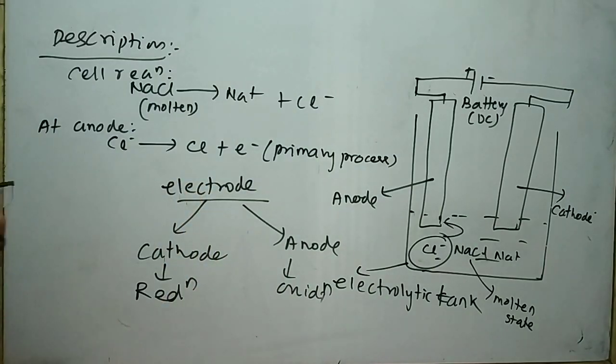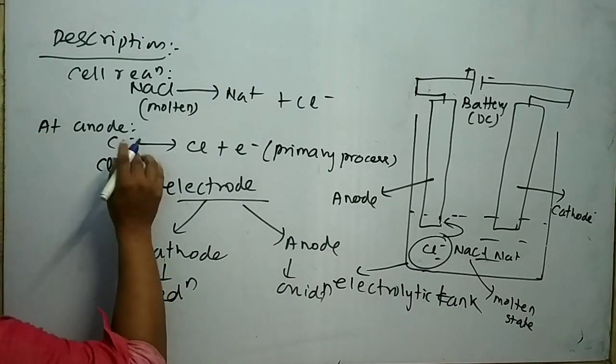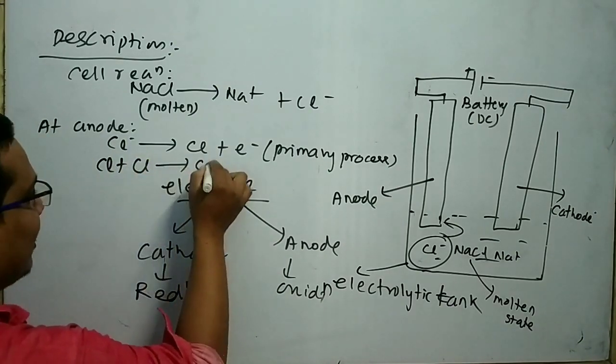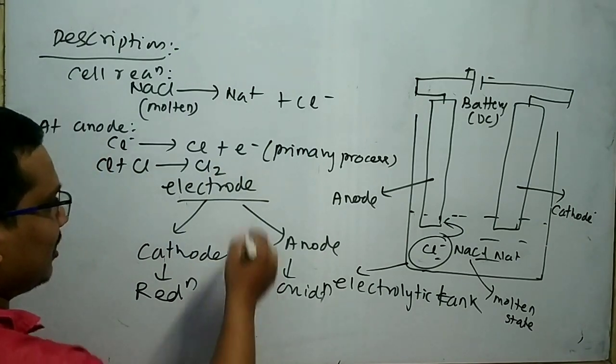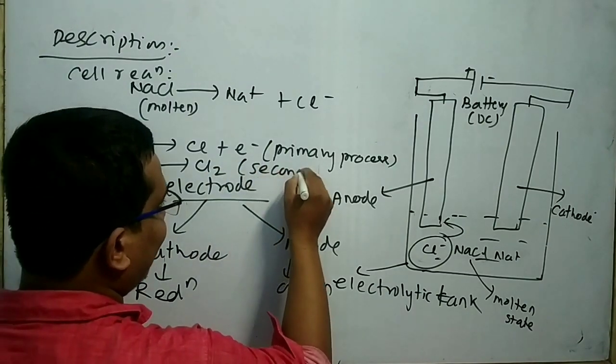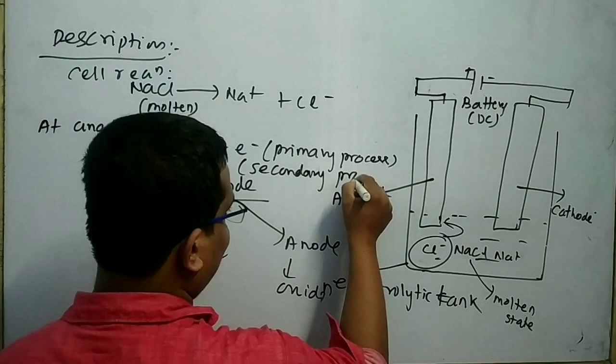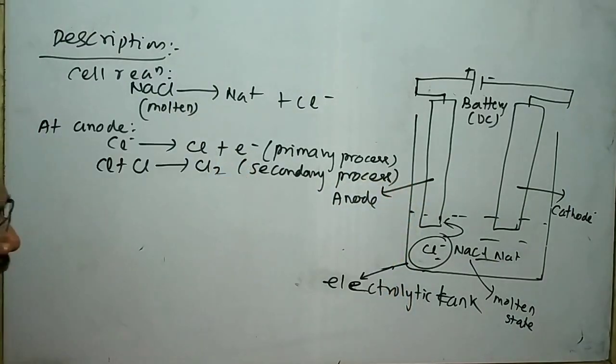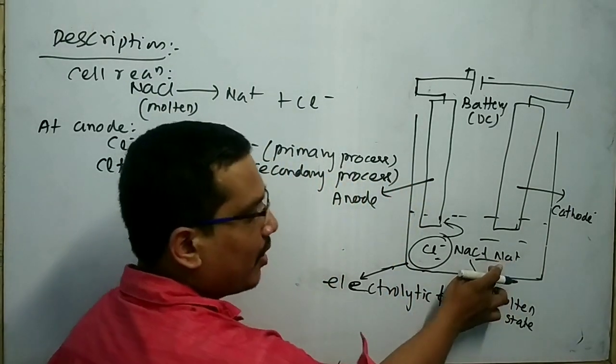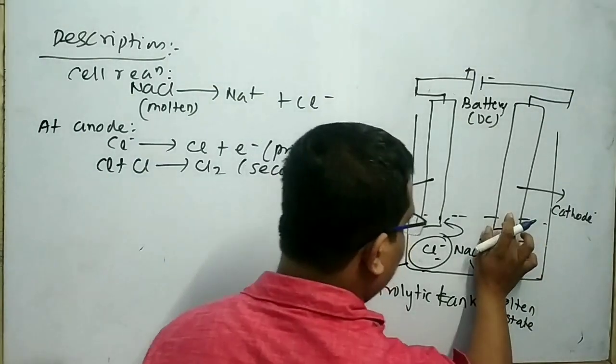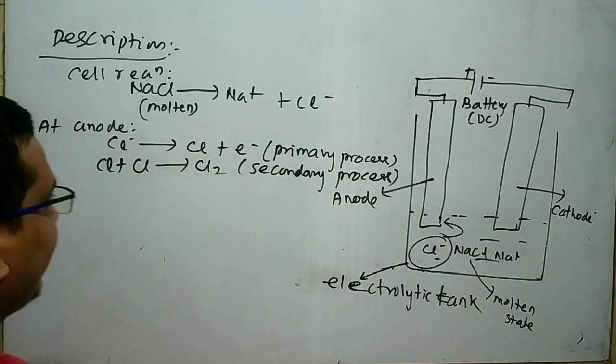The Cl atom is now unstable, so the Cl atom combines with another Cl atom to form the Cl2 molecule. This is said to be the secondary process. At the same time, Na+ ion goes to the cathode and reduction reaction takes place.